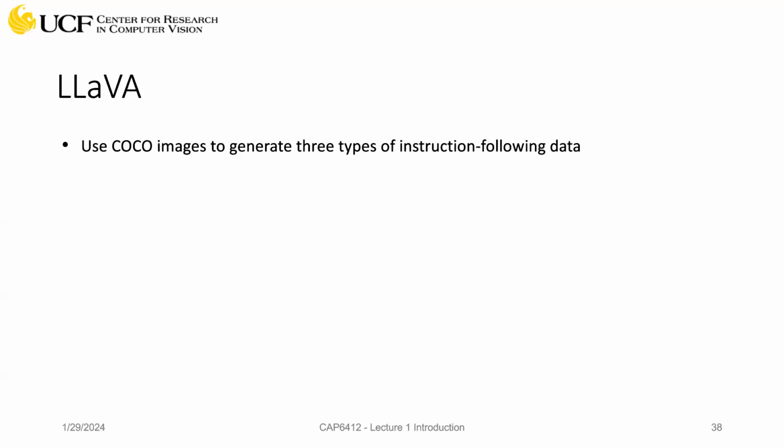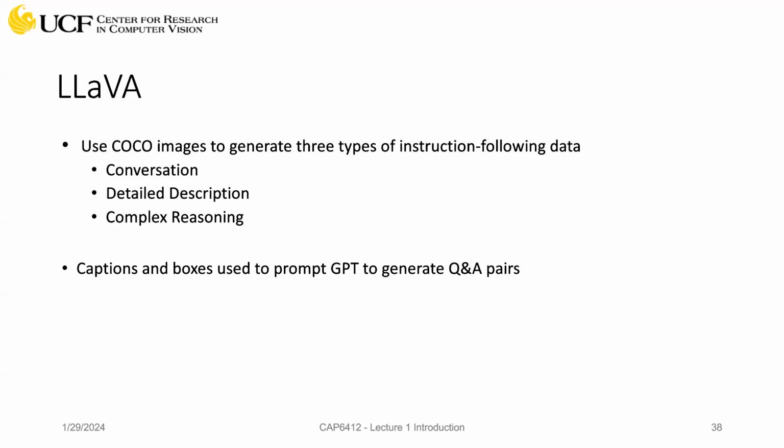So what they did, they used COCO images to generate 3 types of instruction-following data: conversation, detailed description, and complex reasoning. They took the captions and boxes and gave them to GPT to generate question-answer pairs.